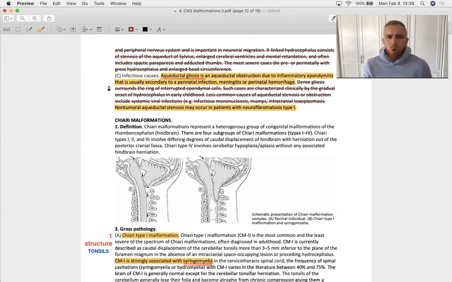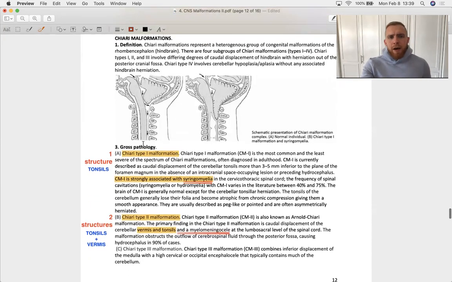How could you get that? Well, maybe you have a meningitis and there's some post-infectious scarring, maybe of your choroid plexus or of your ependymal cells in general, and so those cuboidal cells get all scarred, and all of a sudden you've got a stenosis of the Sylvian aqueduct, or just about any other part in the spinal canal. It could happen there too.